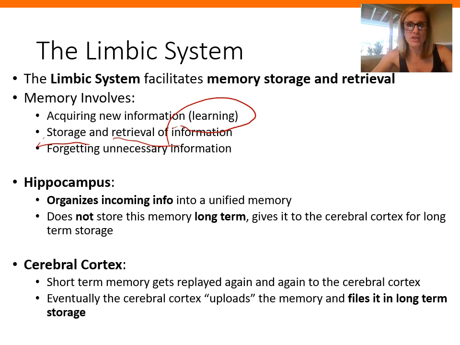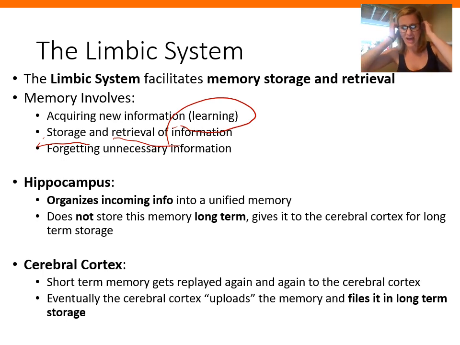The information that we're experiencing at any given time gets compiled again into one nice unified memory. But we experience all sorts of stuff, right? We have tons of experiences happening all the time. And we don't actually need to store all of those experiences in long-term storage.